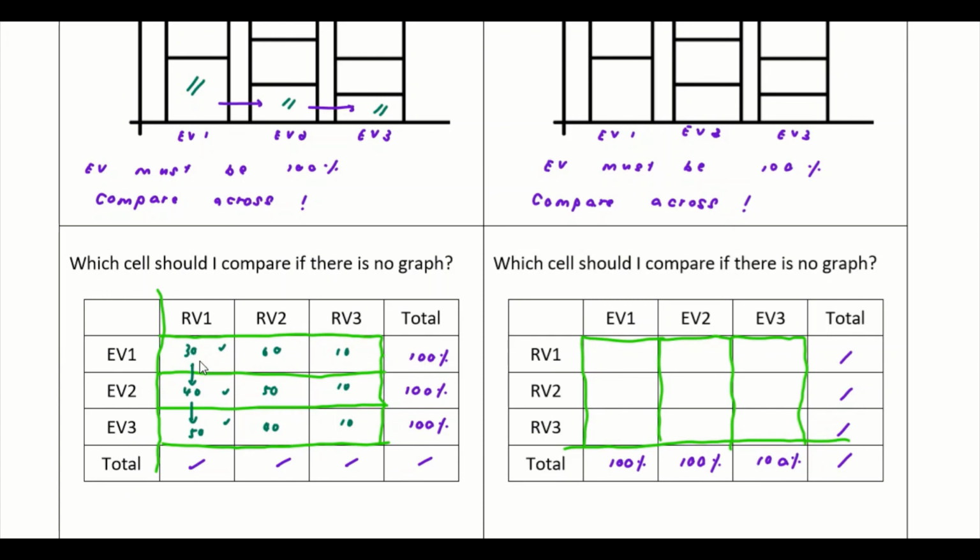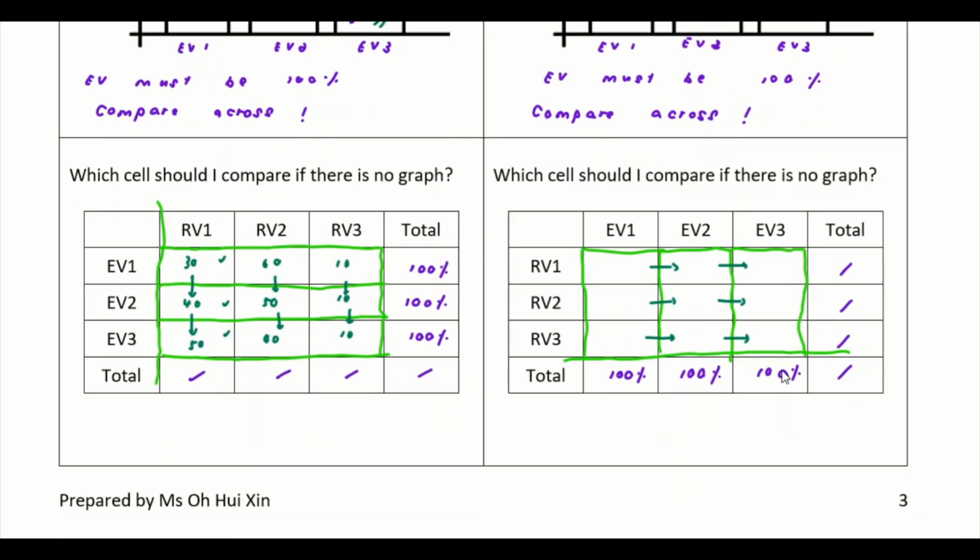So that's why what you can try to do is you try to draw a stack column graph, then you try to move across. So similarly, if this is a thing that you are going to draw because your 100% is shown here, right? So that's why this is like the column you have when you draw your stack column graph. So move across, meaning that you should compare like this. Okay, so I hope that you have a better idea on this.